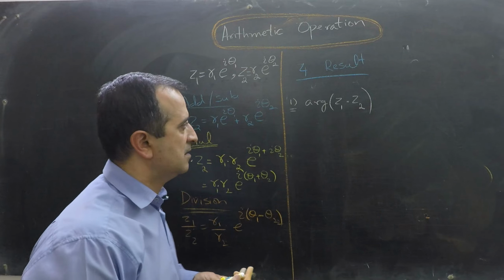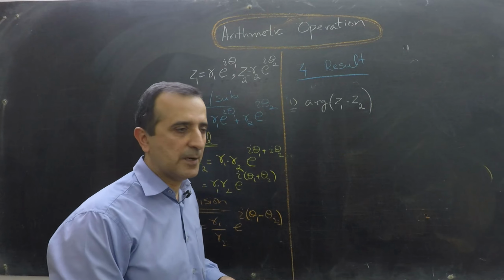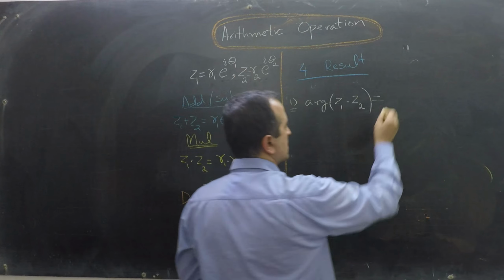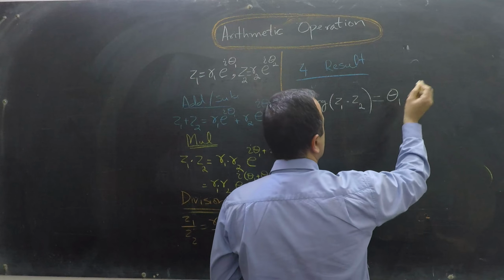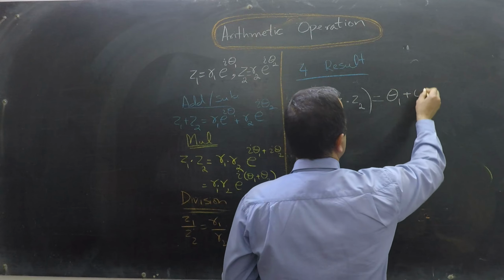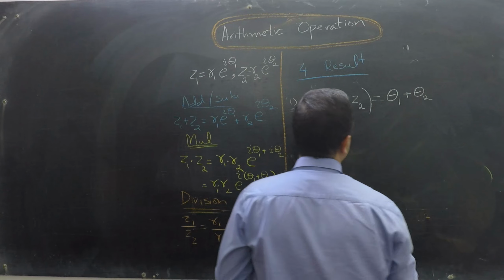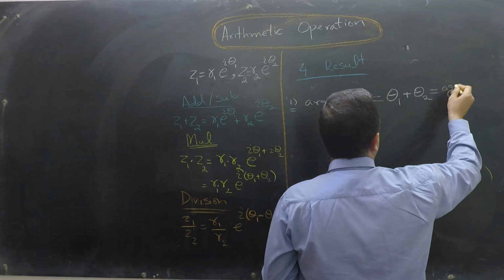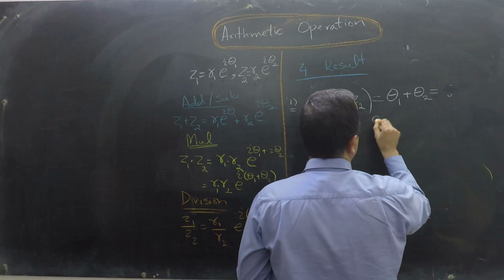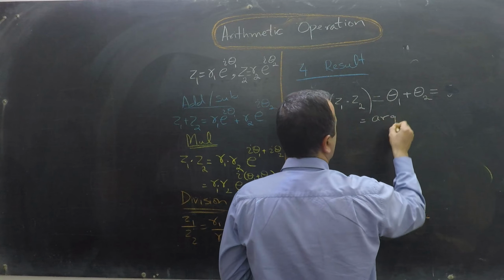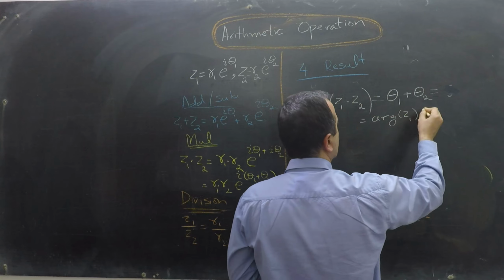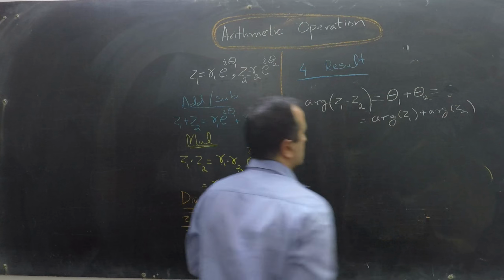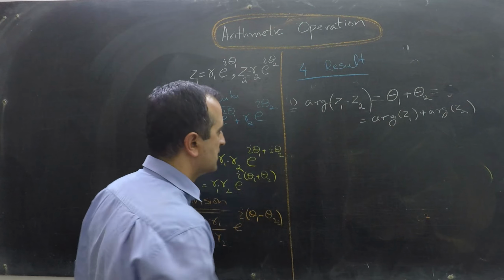It's the angle between x-axis and the position vector. Then it will be equal to theta 1 plus theta 2, and that in fact will be equal to argument of z1 plus argument of z2. So basically it's very simple in this case.